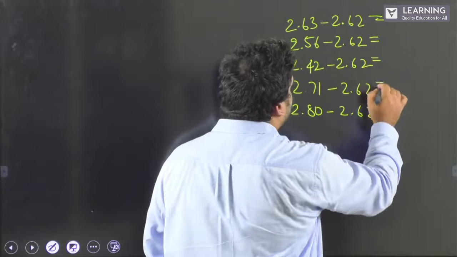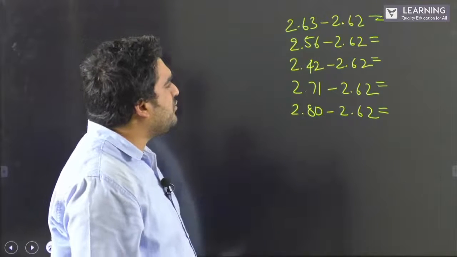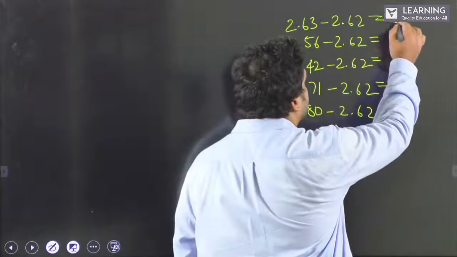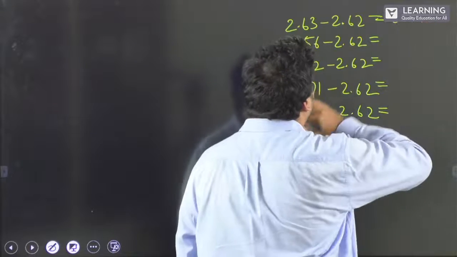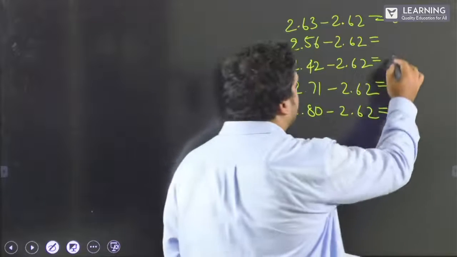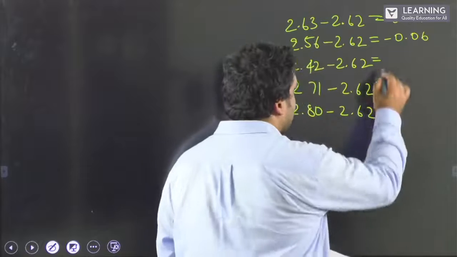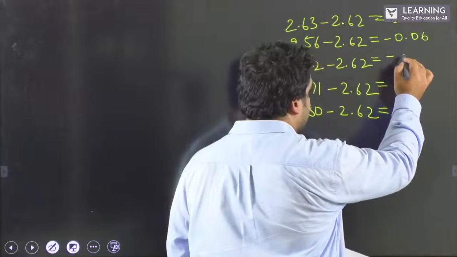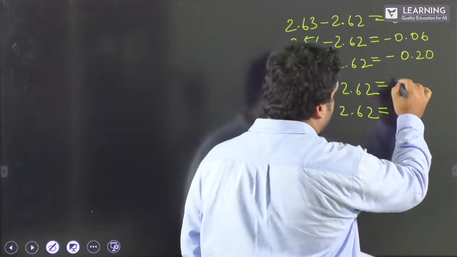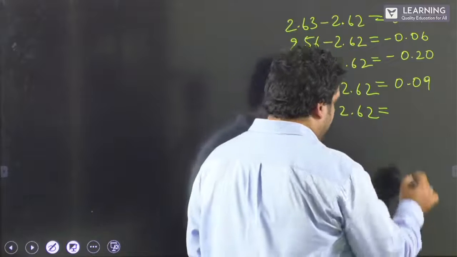Find the result for each difference: 2.63 minus 2.62 is about 0.01, and then 2.56 minus 2.62 is minus 0.06. Similarly, go ahead with the remaining ones. I'll quickly make note of those: 0.09 and 0.18.